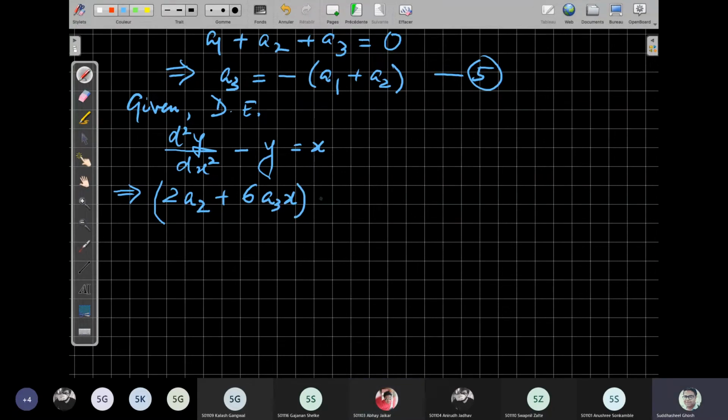And then what is y? y is a0 plus a1x plus a2x square plus a3x cube. Is that right? Now a0 is already 0, so there is no need to write a0.